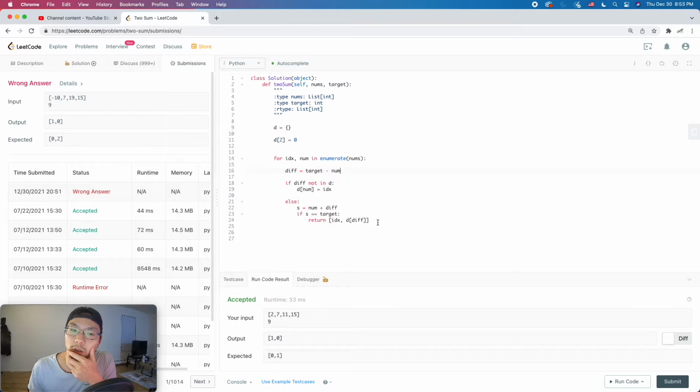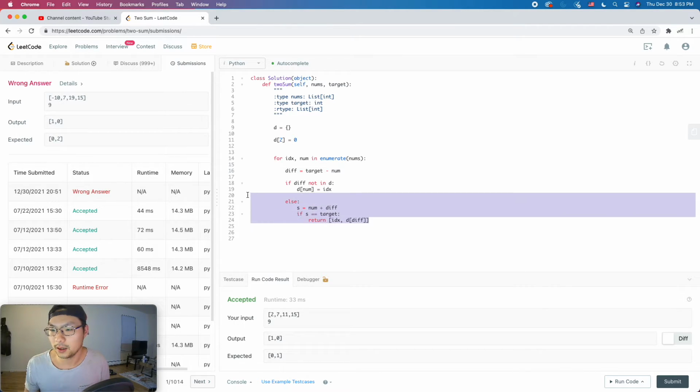we should store the number if the difference is not in the dictionary. So again, if the difference is in the dictionary, then we know what number we're looking for specifically. Vice versa, if we knew the difference between them, we're looking for this. So we want to store the current number and its index if it's not in the dictionary, right?